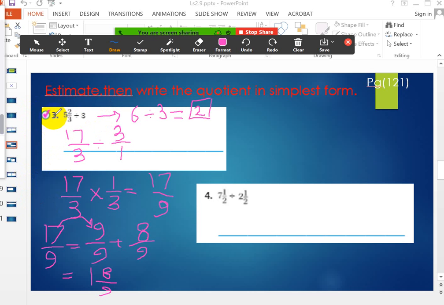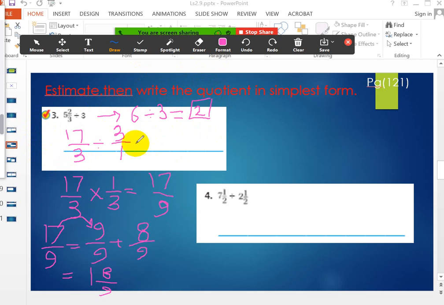The divisor is 3. What is the number close to 5 and 2 over 3 and able to divide on 3? Of course, it's 6. The closest number able to divide on 3 is 6. 6 divided by 3 equals 2. This is the estimate. Okay?